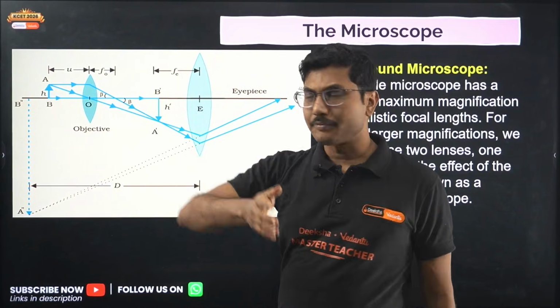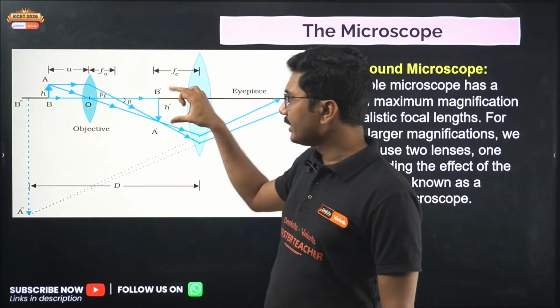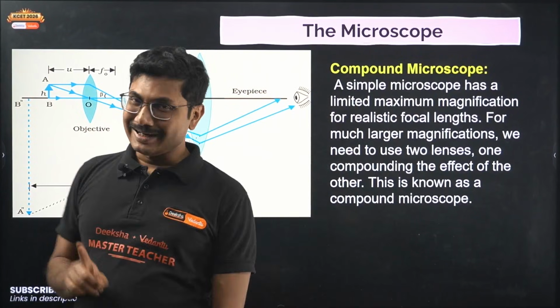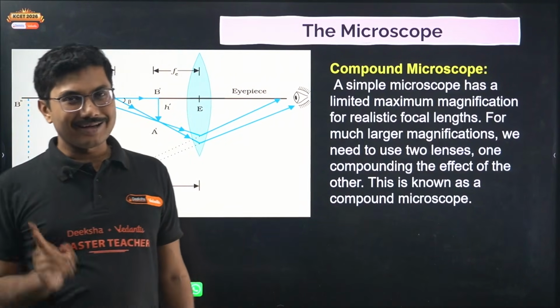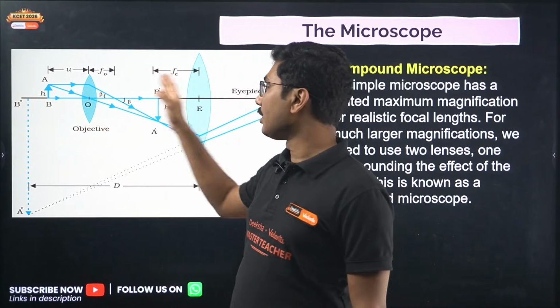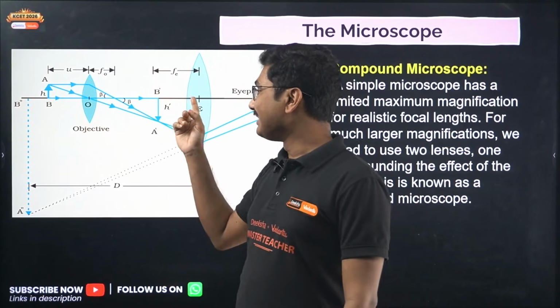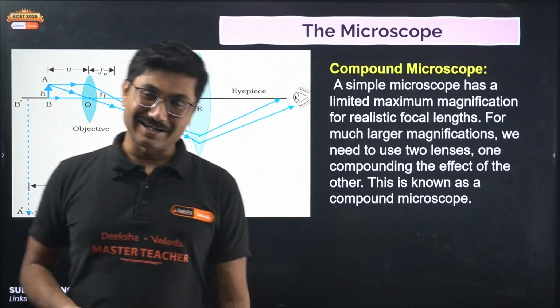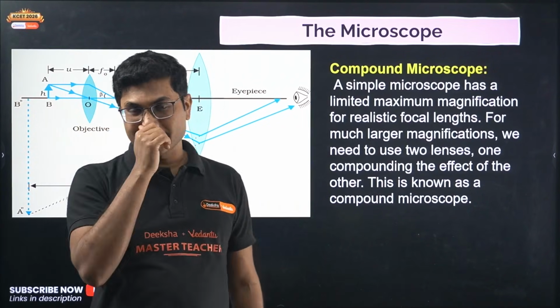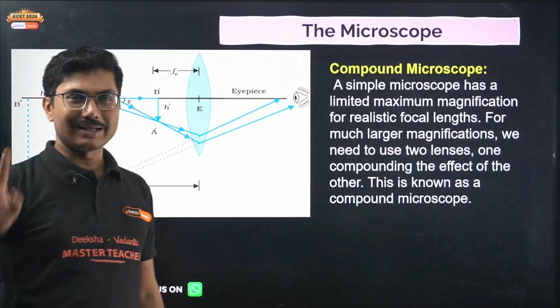The objective lens also forms an enlarged image, obviously the size of the object increases, but it's a real image. So don't be confused. The final image is virtual, enlarged and inverted. The in-between image between objective and eyepiece is real, inverted and enlarged. The only difference is this one is real, the other one is virtual, but both are inverted and enlarged.